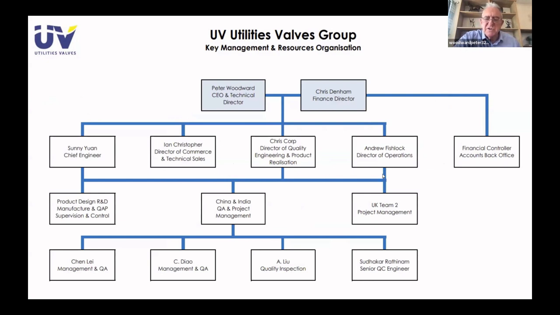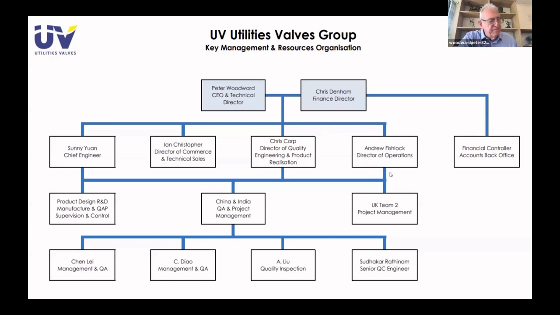So these guys are very experienced in the production processes which we bring to bear across our business, an FD, and you can see the rest of the team. And we have people resident in China and in India. So we have an underground team, and of course we're visiting them and working with them on a very regular basis.